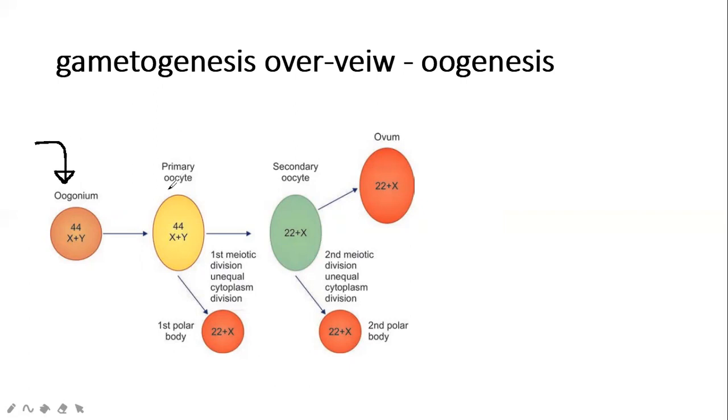So there we have the oogonium, which is diploid. It will divide by mitosis to form the primary oocyte.